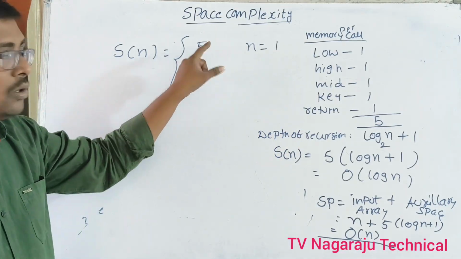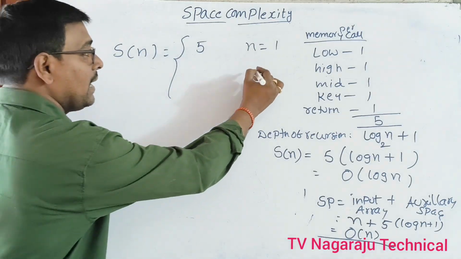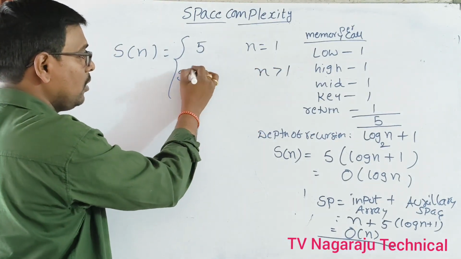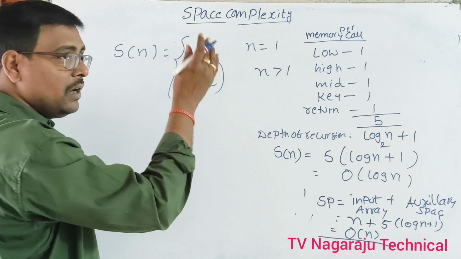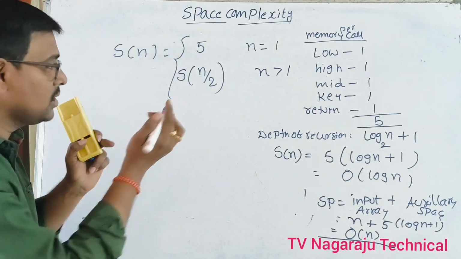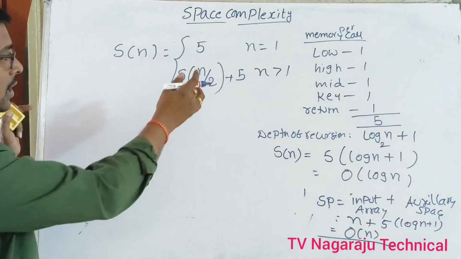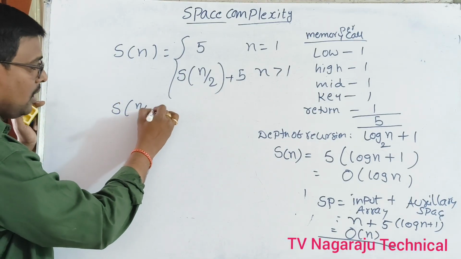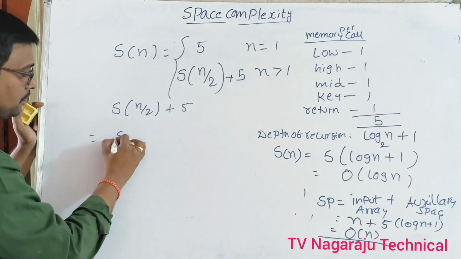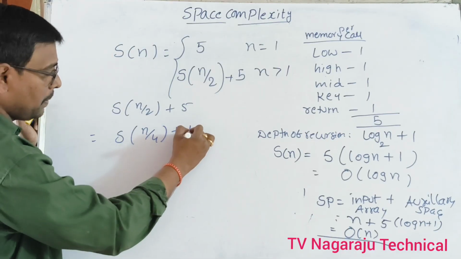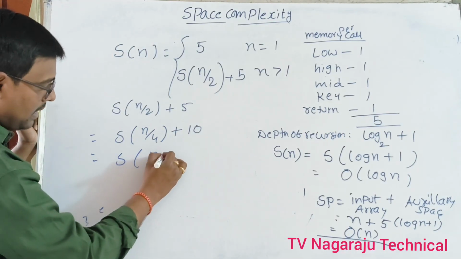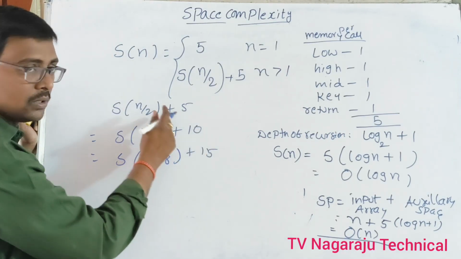So if n is equal to 1, it is 5. If n is greater than 1, each time we are dividing the list, and for each division we need 5 memory locations. If you solve this equation: S of n by 2 plus 5, S of n by 4 plus 10, S of n by 8 plus 15. You know that's the procedure.